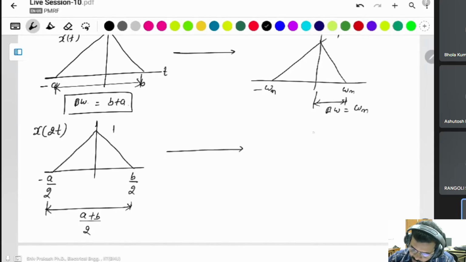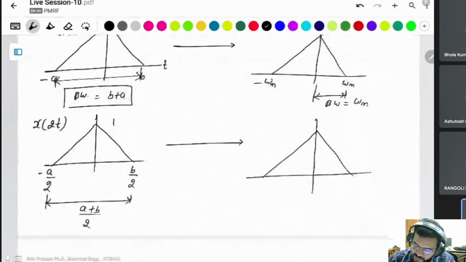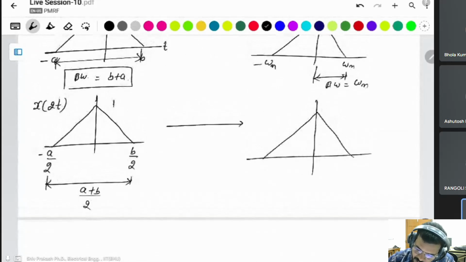Same thing in frequency domain, it will affect magnitude and bandwidth both. It means in frequency domain it will be 1 by 2 magnitude and omega by 2.